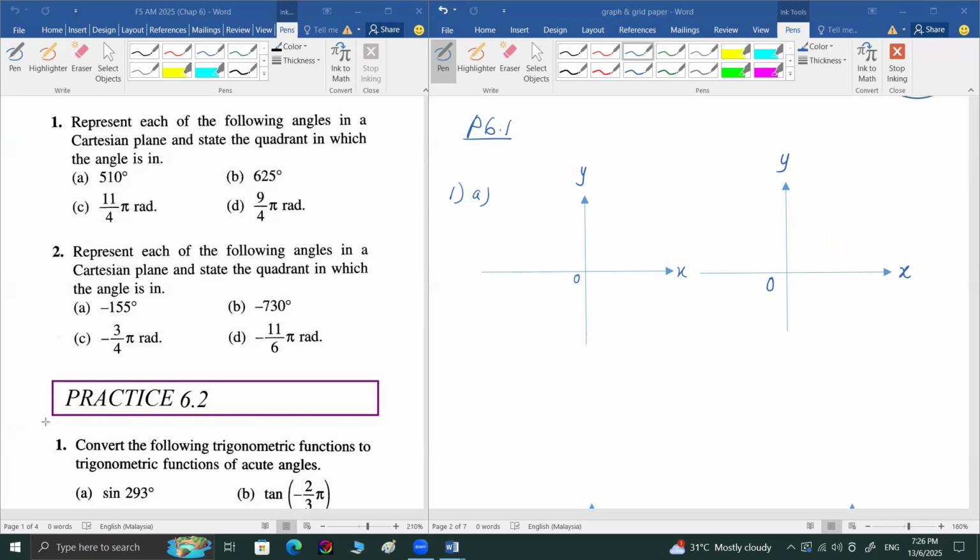For C, C is here because -3/4 pi is -135. D is here. So for C, I get -135.